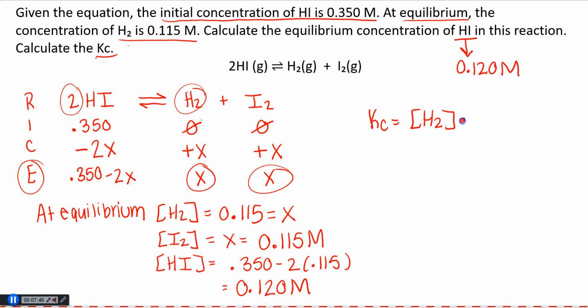So we're going to do products over reactants, each raised to the power equal to their coefficient. So hydrogen iodide gas gets squared because it has a coefficient of 2. Remember, if you have more than one product or reactant, you multiply them together. So now I just need to plug in my equilibrium concentrations.